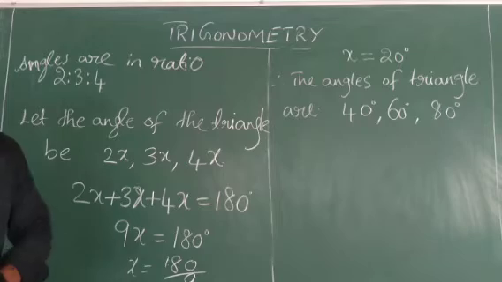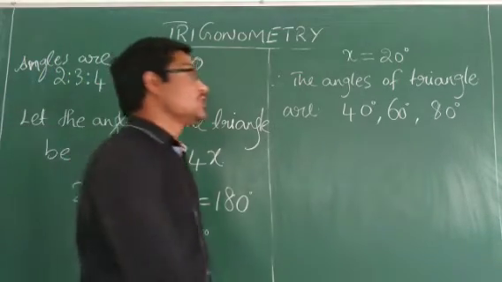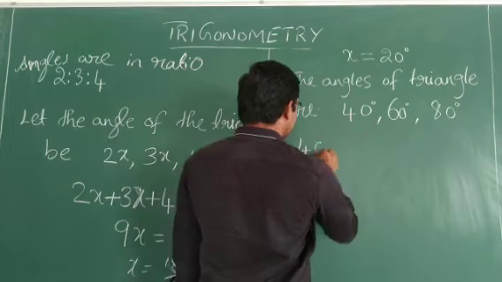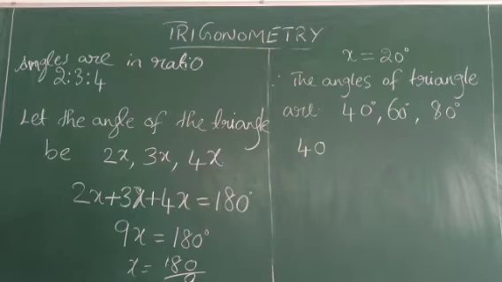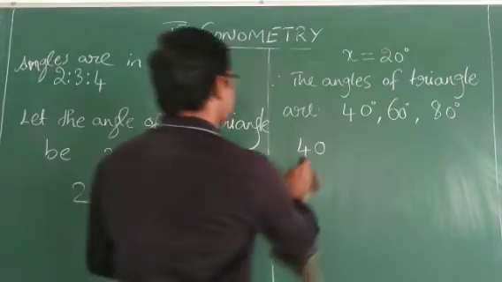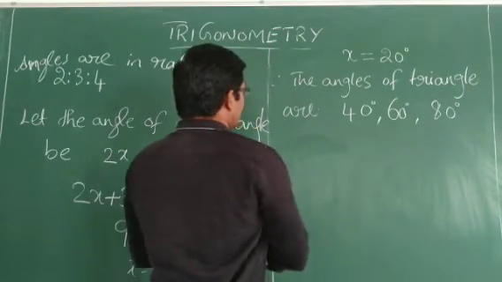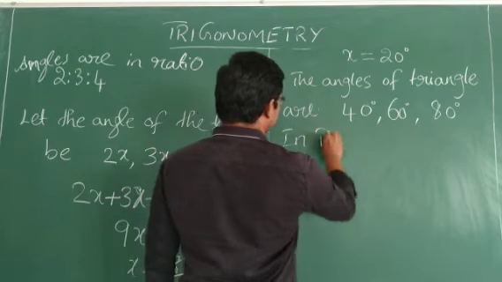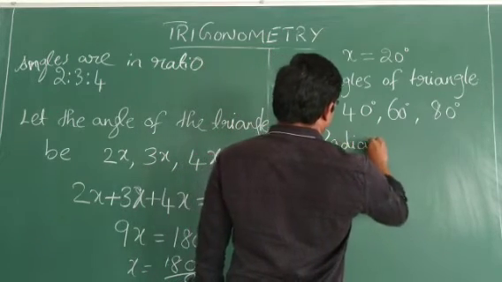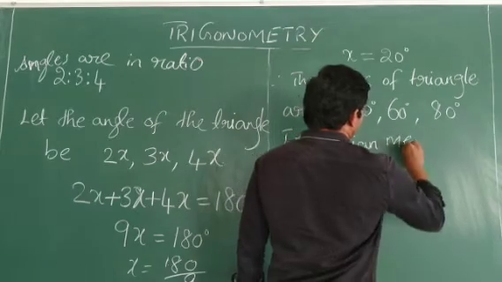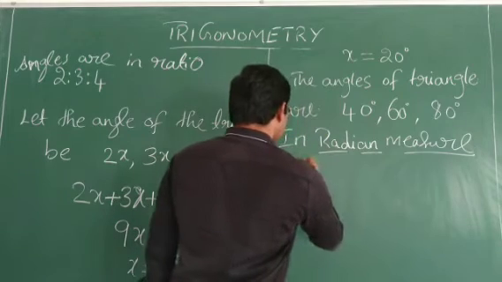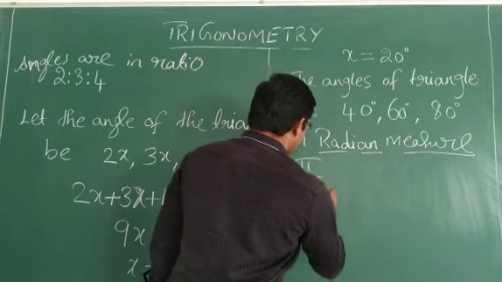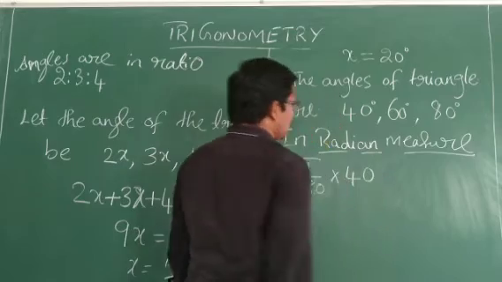We have to convert these angles into radian measure. So how do we convert into radian measure? We convert into radian measure by taking pi by 180 into degree measure.